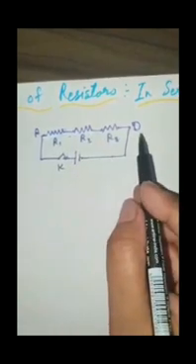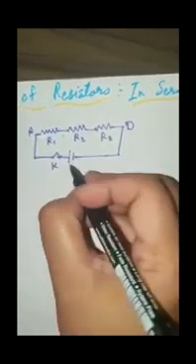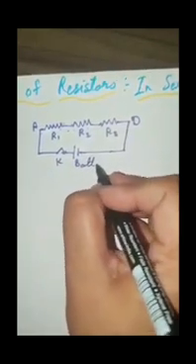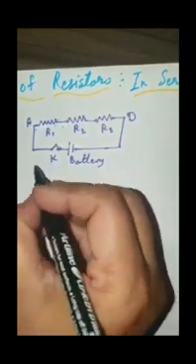The ends A and D of the combination are connected to a terminal of a battery through a key K. This is a key.